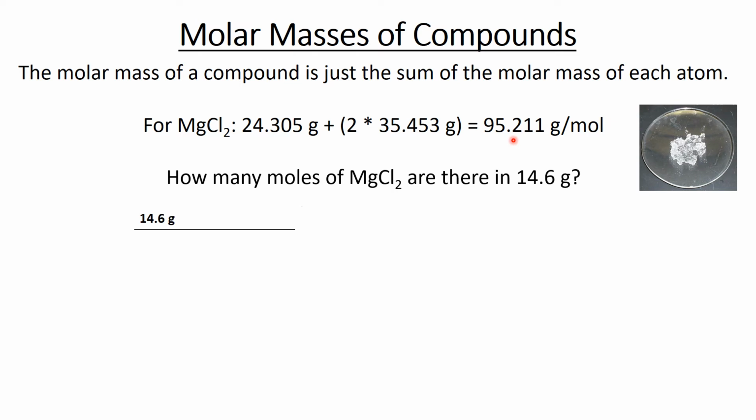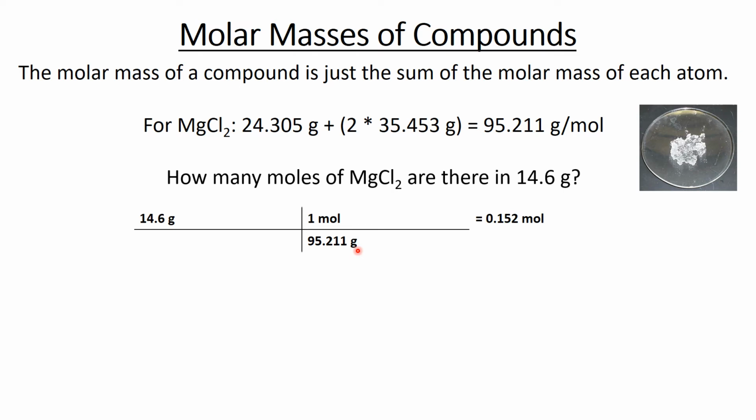Well, I can start with my 14.6 grams, and now I can convert this into moles because I have a conversion factor that says that 1 mole of magnesium chloride has a mass of 95.211 grams. When I multiply those together, 14.6 grams is 0.152 moles.